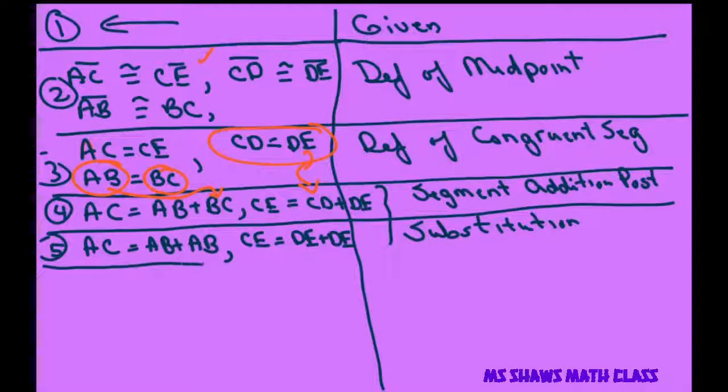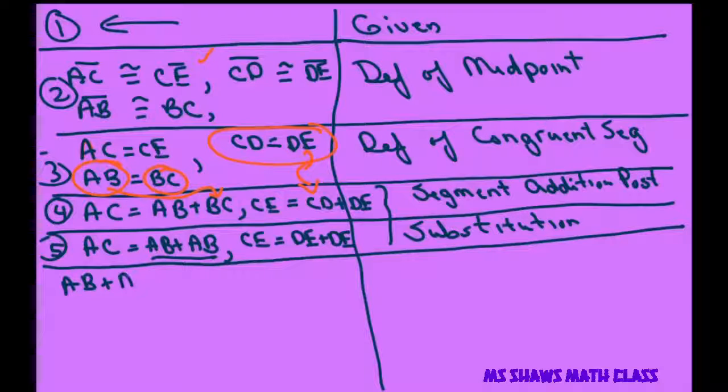And then we're going to do another substitution. I have AB plus AB equals DE plus DE, because AC equals CE from here.